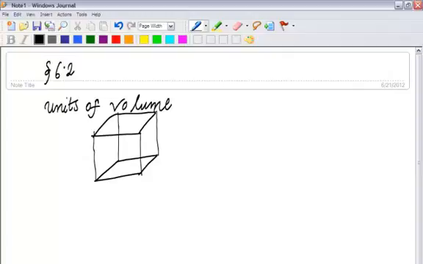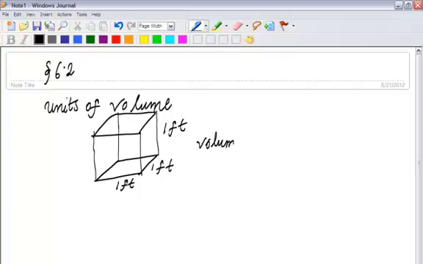And let's say the box is 1 foot in length, 1 foot in width, and it has height 1 foot. It's a square box basically. It's a cube. Okay. And what's the volume then? The volume of the box.